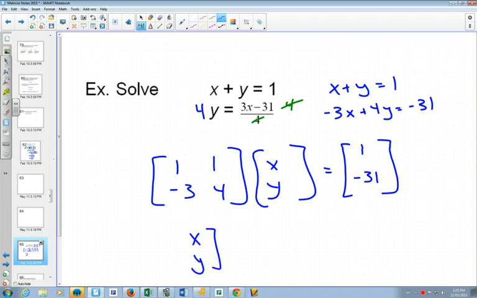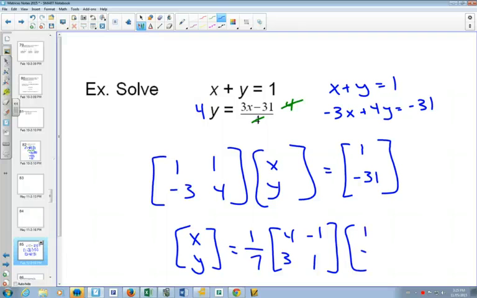And the determinant of this matrix is going to be 7. Switch them, 4, 1, negative 1, 3, times 1, negative 31.